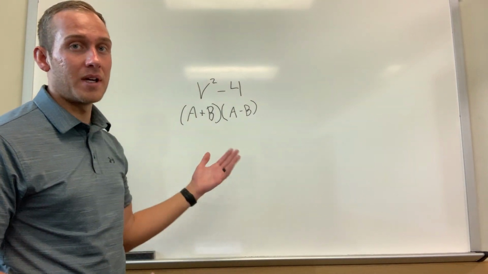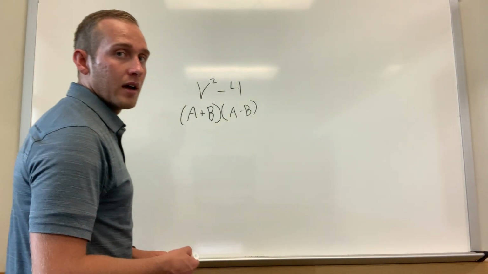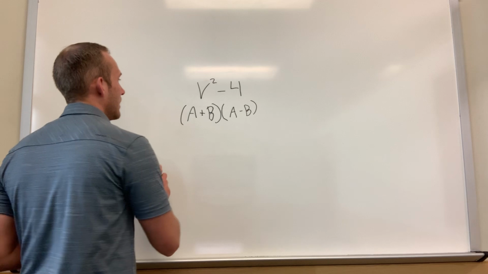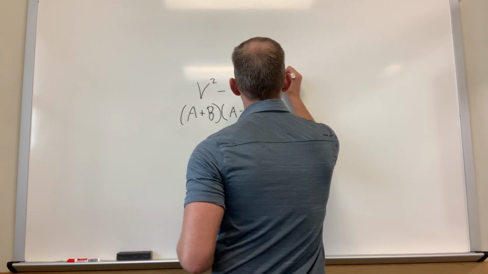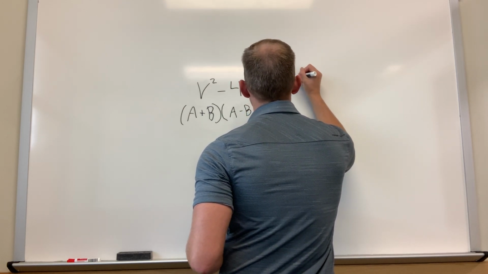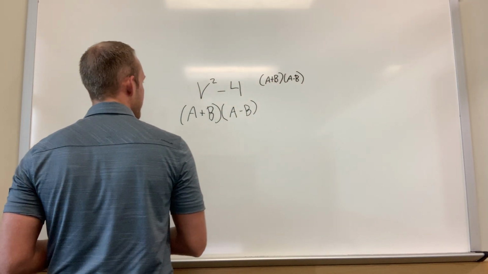Again, I'm pretty new. I'm just learning this to solidify it in my brain. So, let me write this off to the side real quick. So, A plus B, and then A minus B in parentheses. All right.